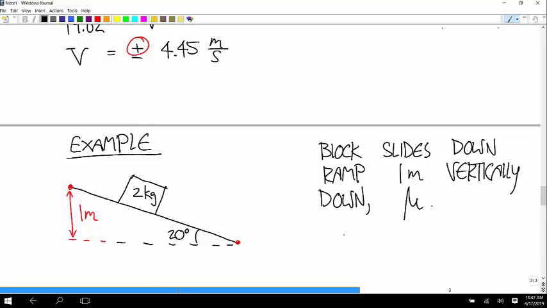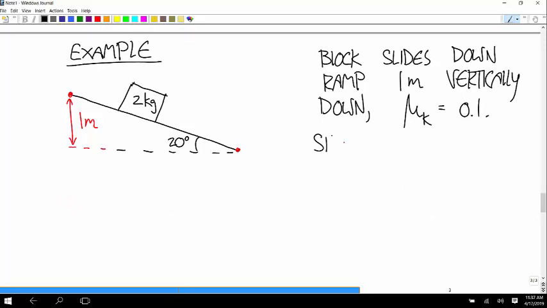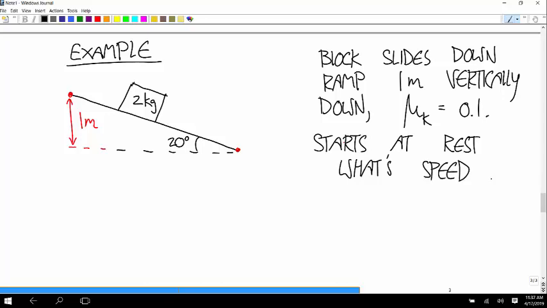And now we have a coefficient of friction. The coefficient of sliding friction, of kinetic friction, is 0.1. If it starts at rest, what's the speed at the bottom?